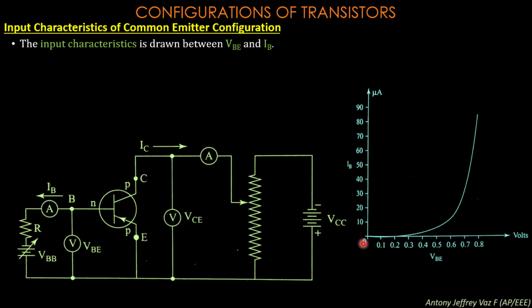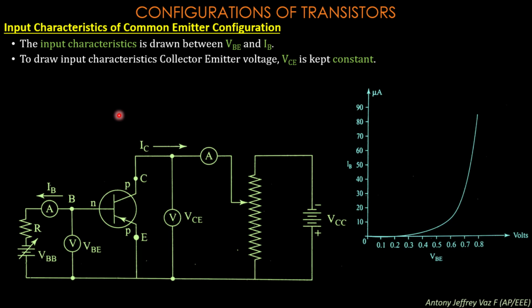Now next you are going to draw the input characteristics with collector emitter voltage VCE kept constant. So the next step is to adjust or set the voltage VCE as a constant. How do you make the voltage constant?